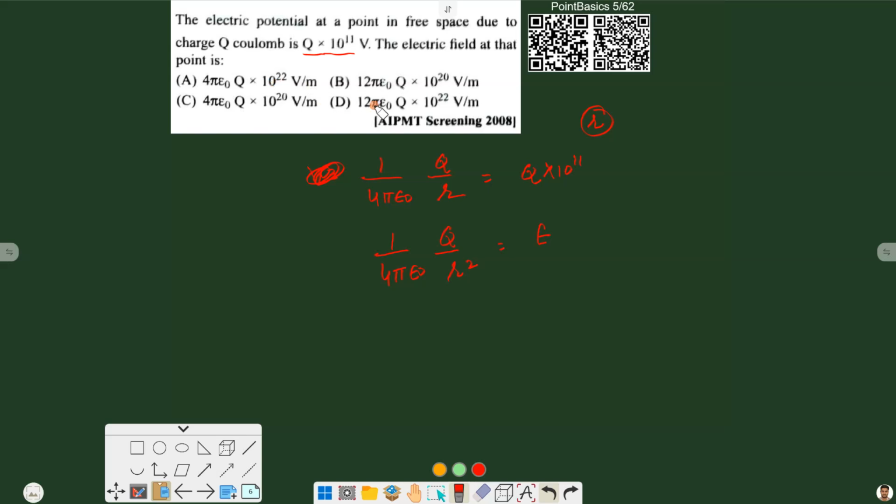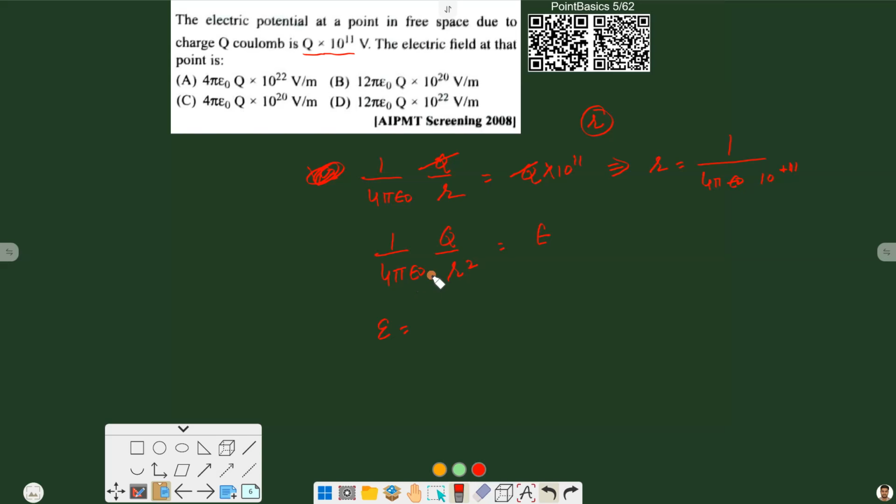And here in the options we don't have any value of r. So from this equation we will find the value of r. So q gets cancelled, and r is equal to 1 by 4 pi epsilon naught into 10 raised to power 11. This will go in the denominator.